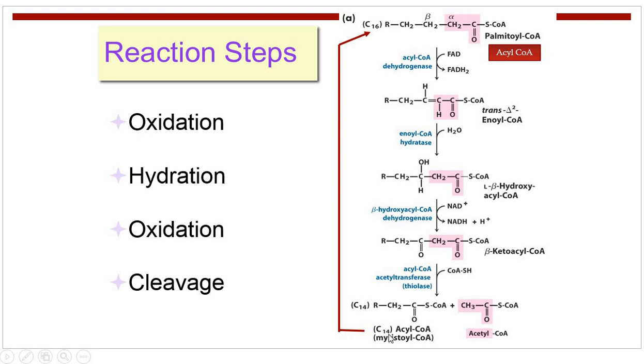It is oxidized completely by the repeated 4 steps, and this acyl coenzyme A is input into another turn of the beta oxidation proper pathway.